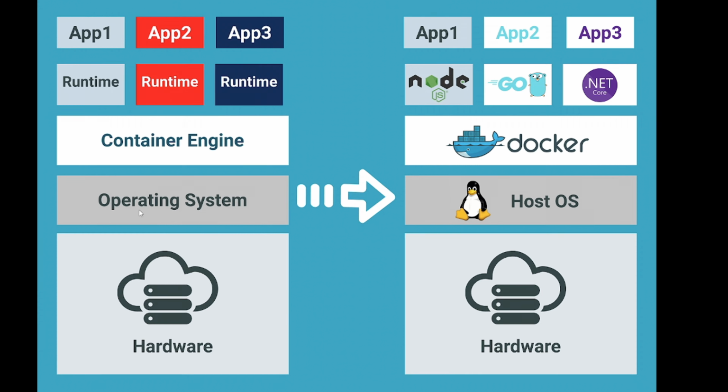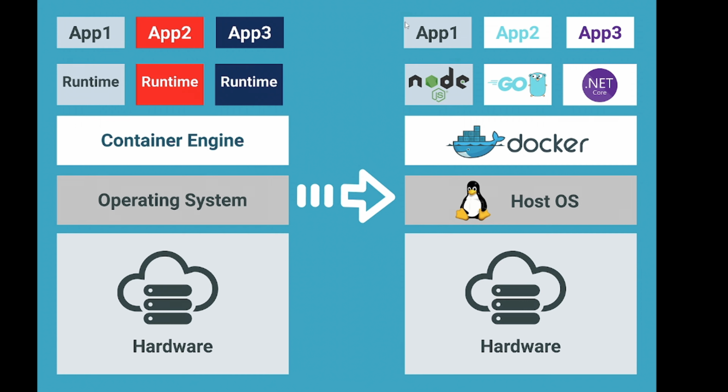We don't need more than one virtual machine. If we have one hardware and we virtually divide it into different operating systems, then it becomes a virtual machine. When we virtually divide the operating system into different environments, then it's called containerization.